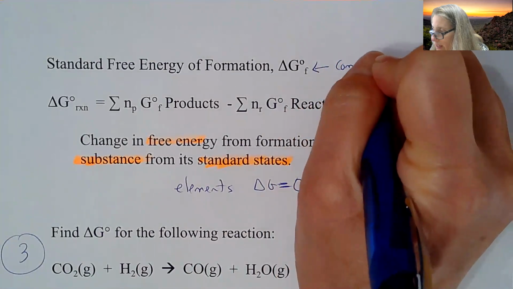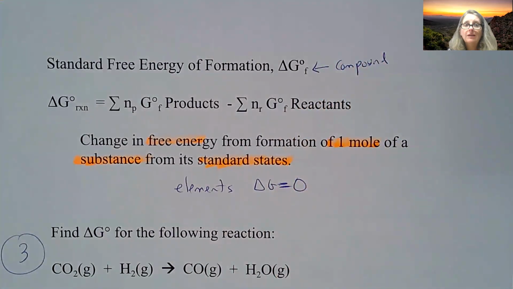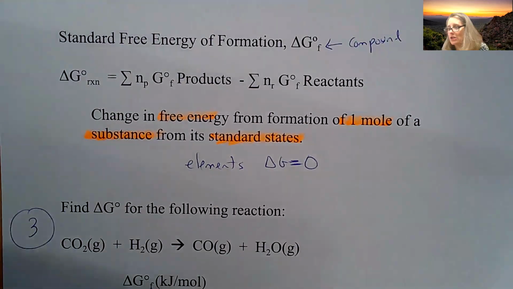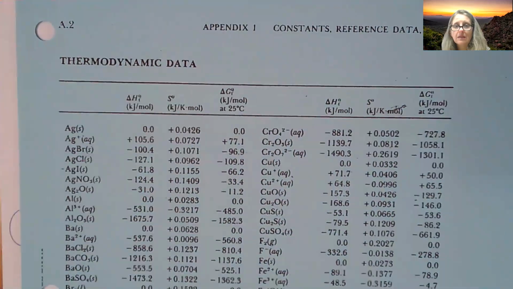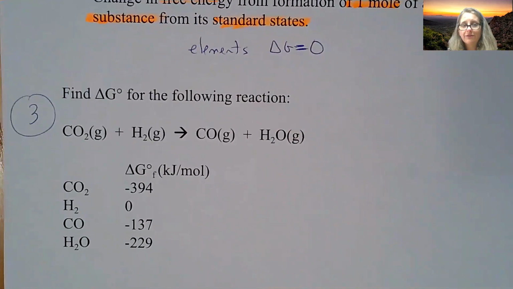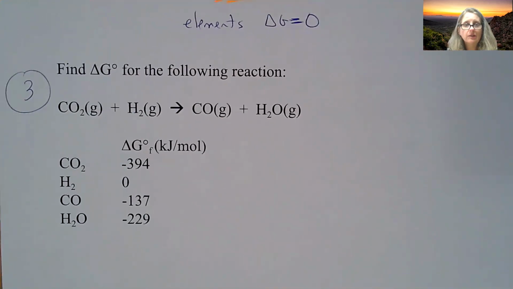So just like we had the delta H of formation, same kind of idea. So this is okay. You could do this method if you have the table or if you have the individual G's, individual free energies of each one of the substances that you have in the balanced chemical equation. So this is what I call the third way of finding the delta G under standard conditions.